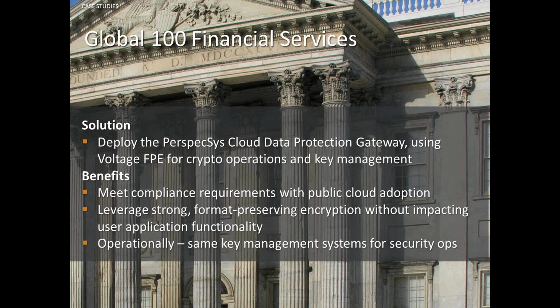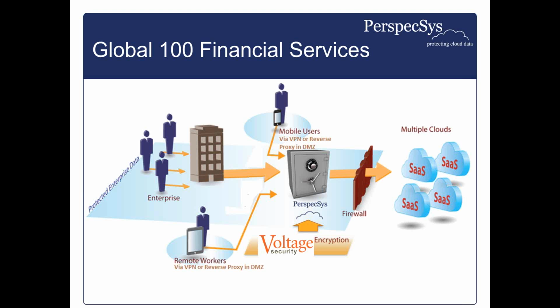The organization was able to adopt the cloud while the end-user community still had an unhindered experience in making use of the application functionality. And operationally, the organization was able to use the same operational best practices around key management, and that was an important consideration for the ongoing cost of operations.